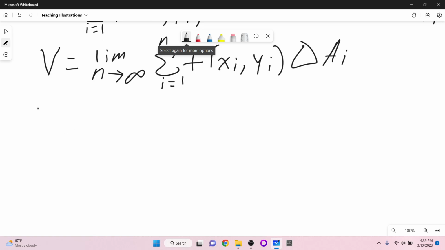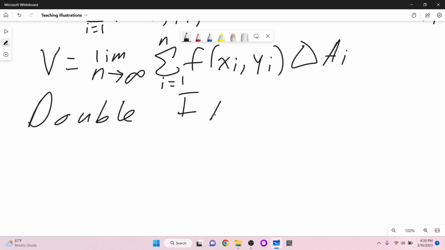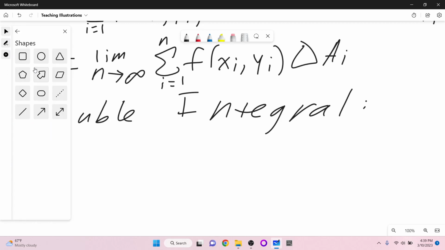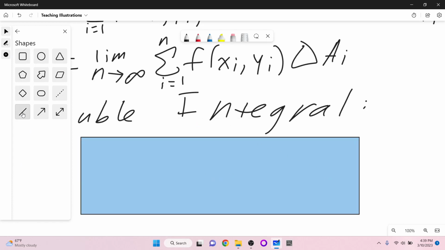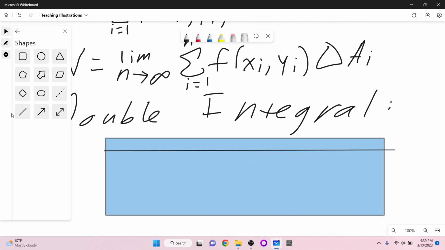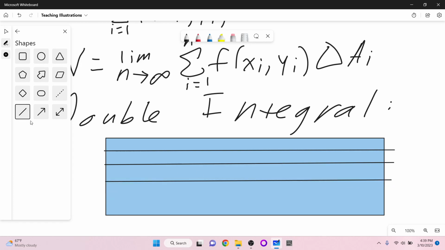Let me describe it precisely then. So we're going to define the double integral here. So if we've got some surface, some domain, I guess, that's a rectangle, and we divide it up into a bunch of sub-rectangles, and I'm not going to spend the time checking to make sure these lines are exactly straight, but imagine they are.